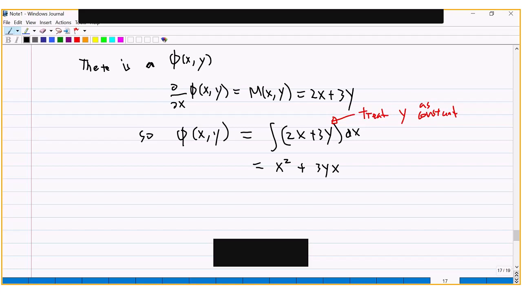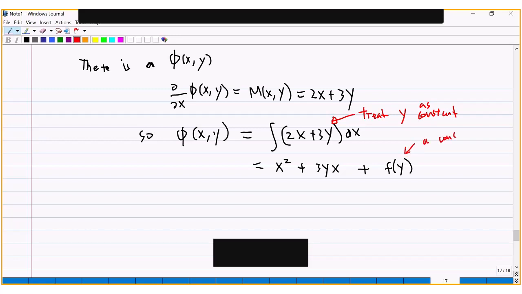Then finally you add a constant, but this constant is not a number. The constant is a function of y. Let's call it f(y).